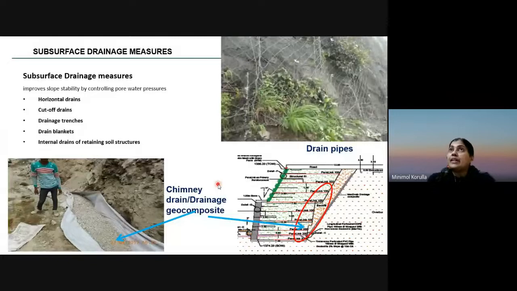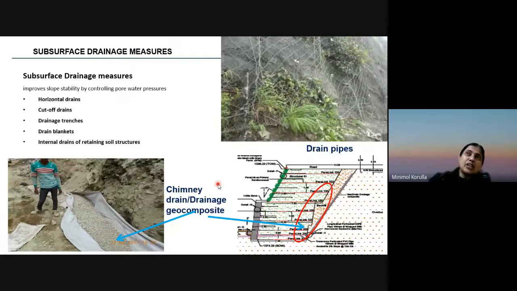For all these subsurface drains, the ones which go through the strata, first and foremost is to understand the seepage path. To understand the seepage path, different types of geophysical methods, or some equivalent methods, can be used, where we can find the path of the seepage.